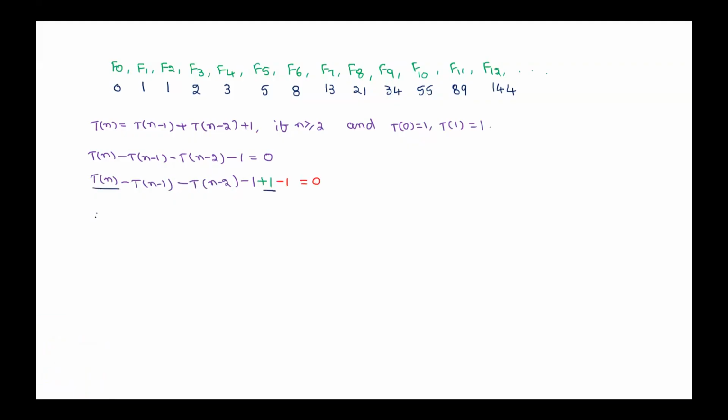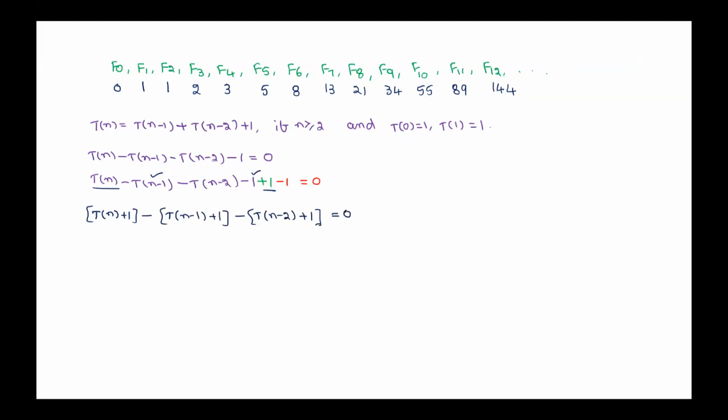This can be written as T of n plus 1, minus this term, and this term we can group: T of n minus 1 plus 1, minus the remaining two terms, which we can group. It becomes T of n minus 2 plus 1 equal to 0.